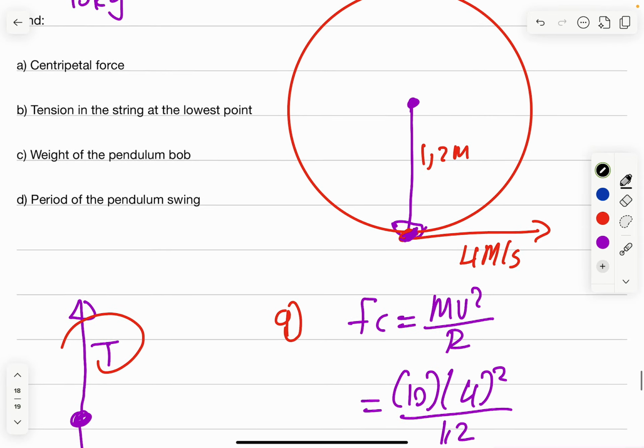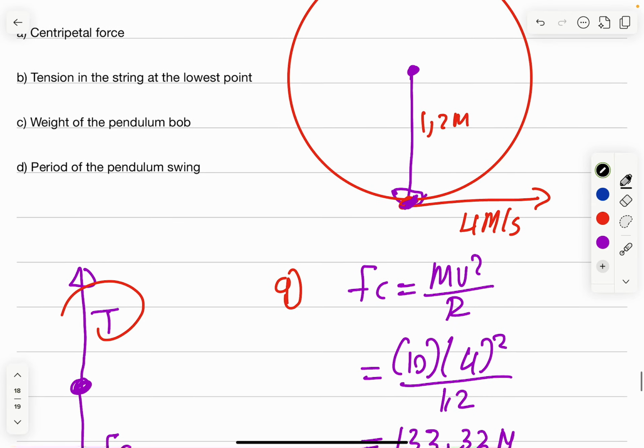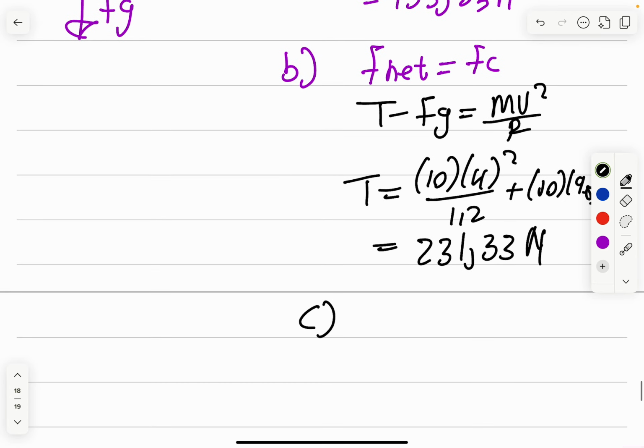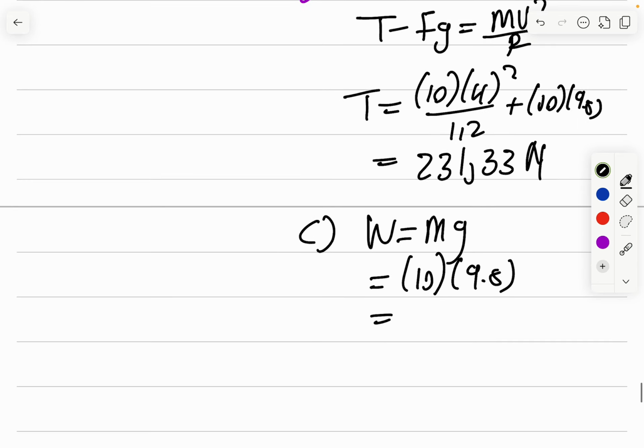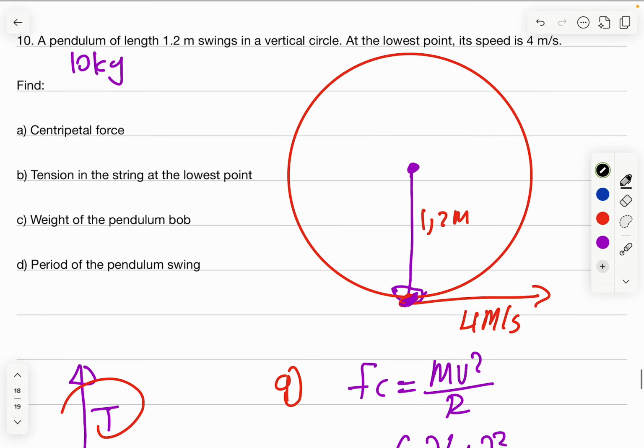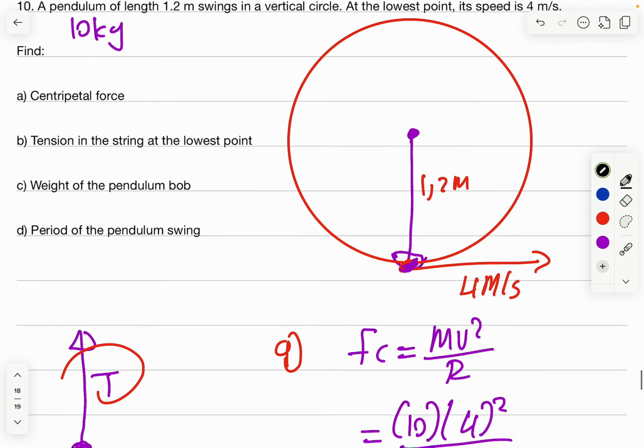These people are saying something that is not accurate. How can you want a weight when you did not give us the mass? The mass is 10, 9.8. You have 10 multiplied by 9.8, which is 98 newtons. Calculate the period of the pendulum.